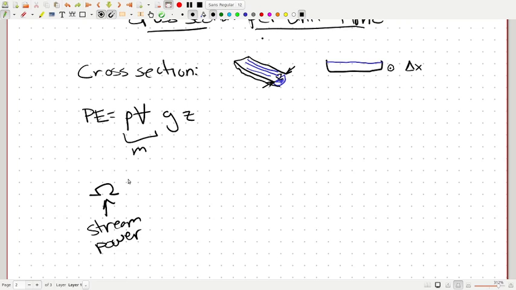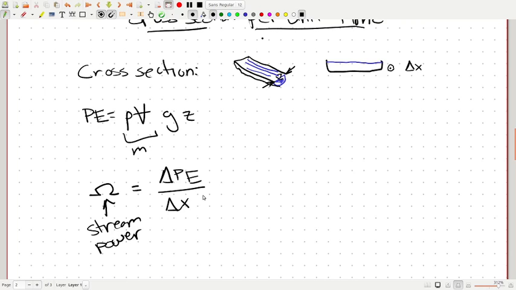And so we need to think about how we can take this potential energy and convert this to energy per unit time. And so what I'm going to say is that stream power is going to be equal to the change in potential energy over delta x, so that's going to be this cross-sectional distance, because we need to have some sort of distance, right?